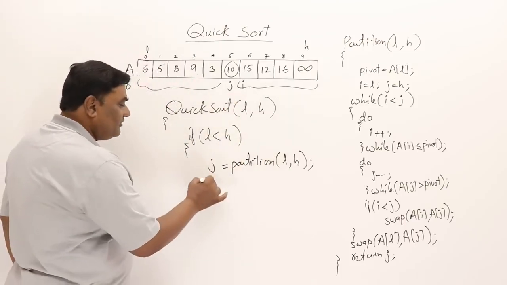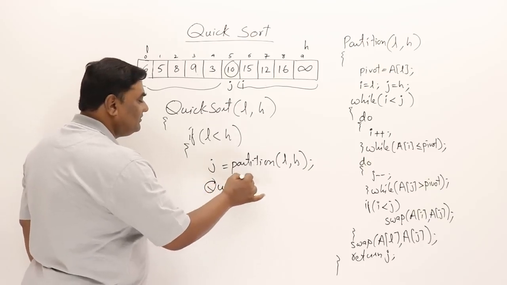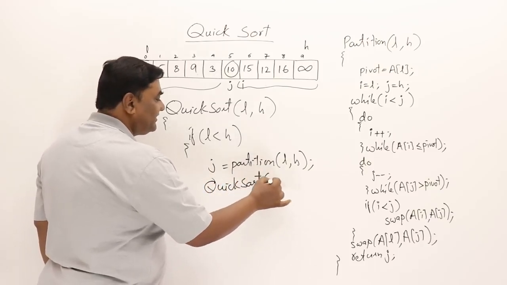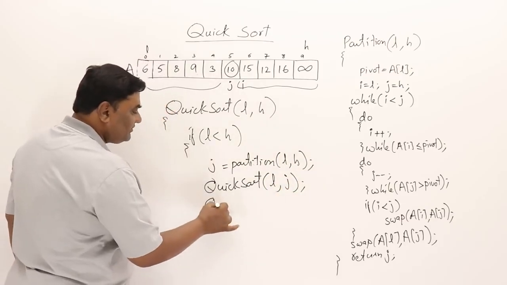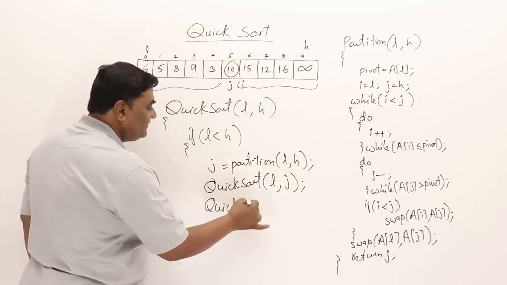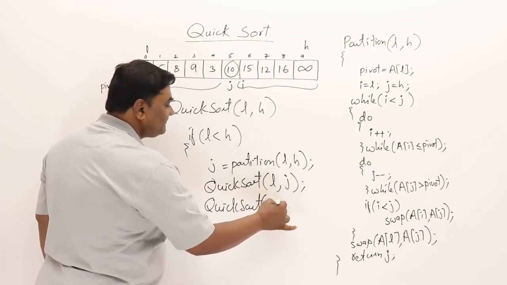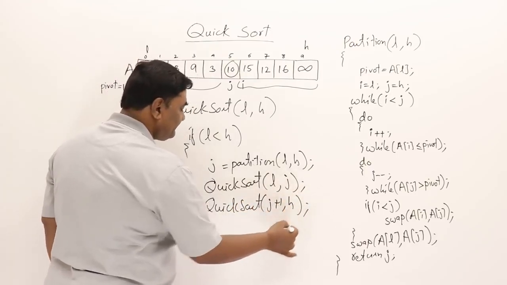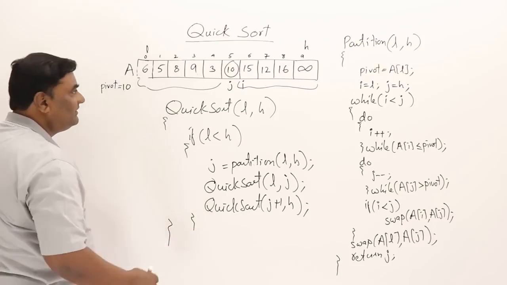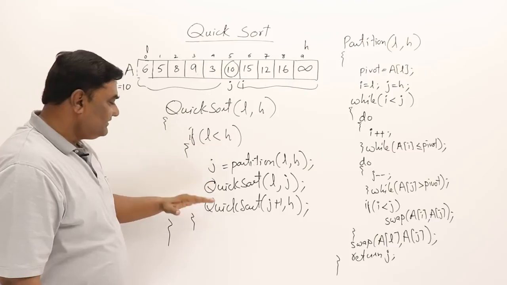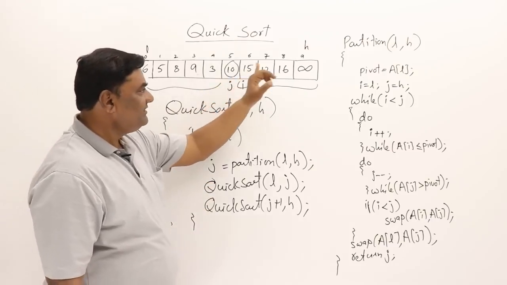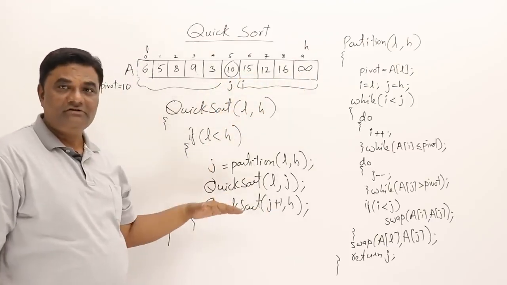Then it will perform QuickSort on the left-hand side, that is low to j, and it will perform QuickSort on the right-hand side from j plus 1 to high. That's it.